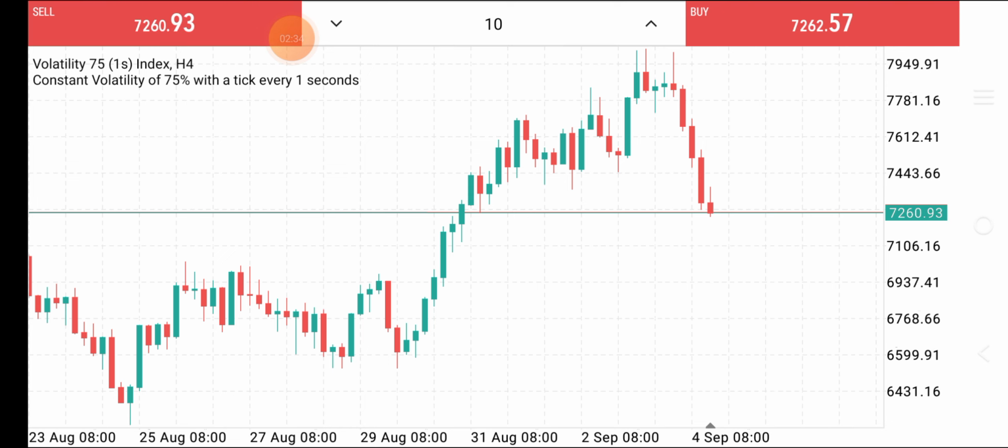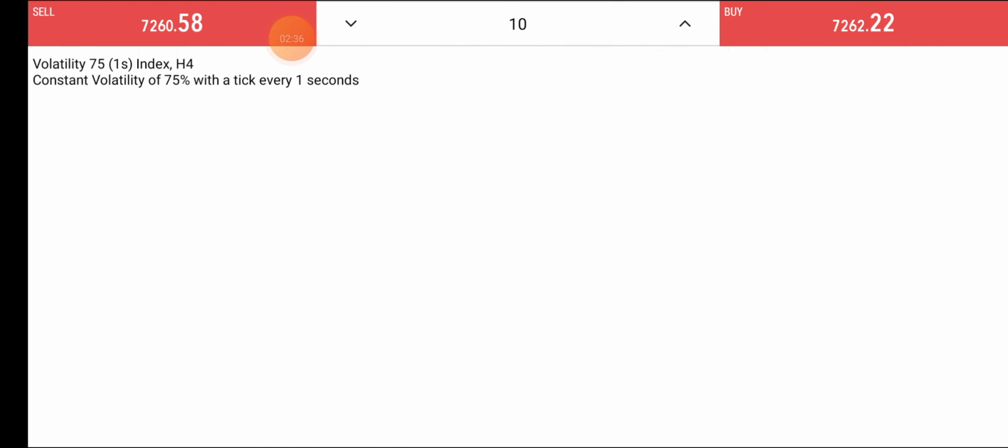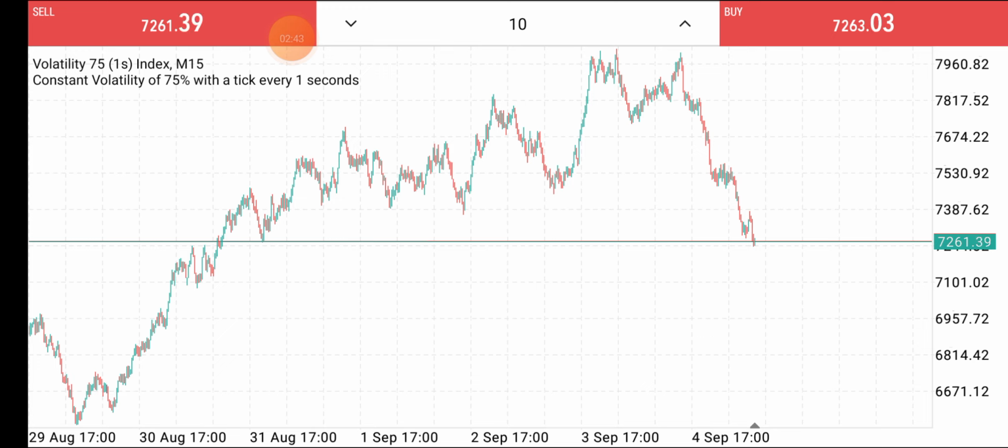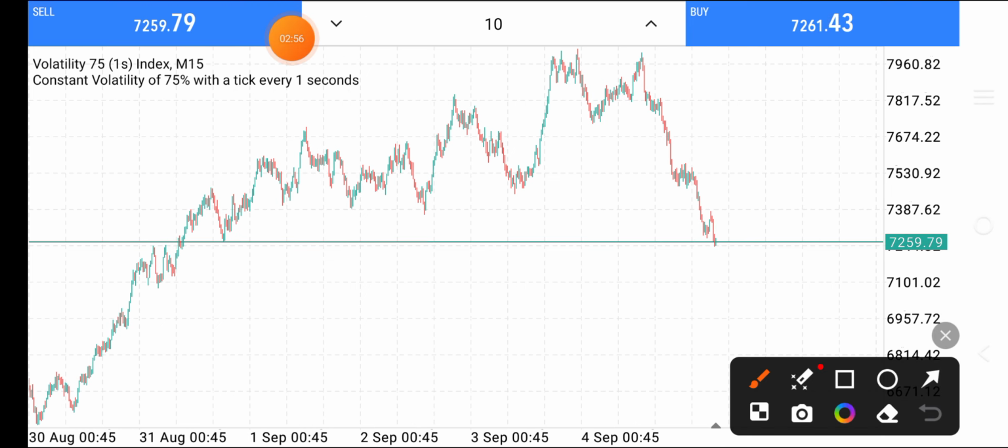Meanwhile, in 15 minutes, the market is actually selling, but the 15 minutes is a micro view of what is happening in the market. If you zoom down on the 15 minutes, you can see that it has made so many highs and lows. You can see lower low, lower high, lower low, lower high, lower low, lower high, lower low.